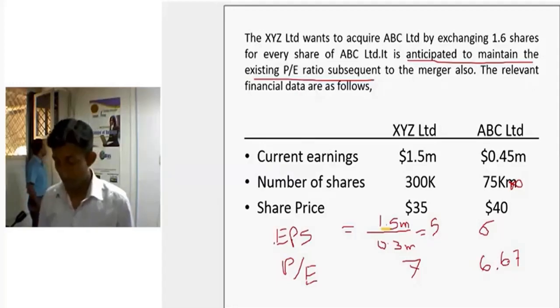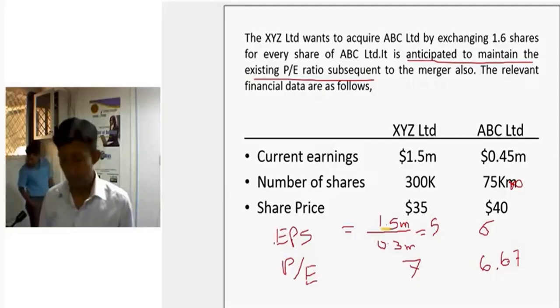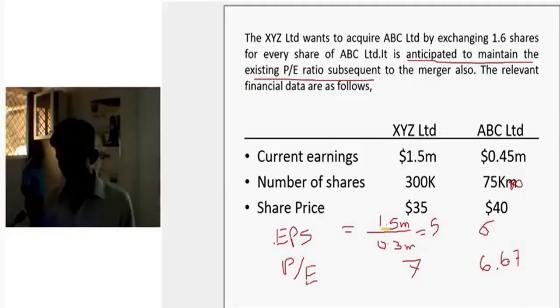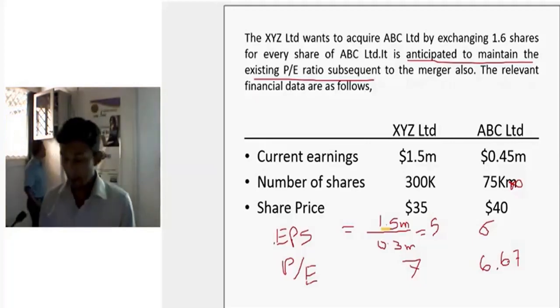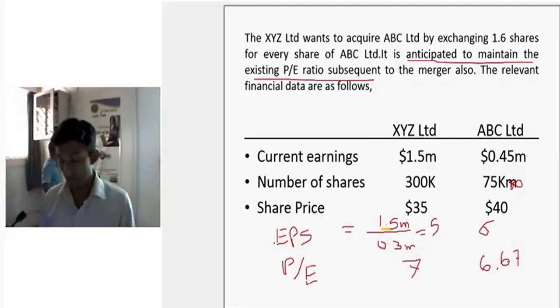So 1.6 of XYZ share is how much? We can identify that. So 1.6 into 35, we may calculate what is the price of the XYZ that we are going to share. And the share of the ABC is $40.